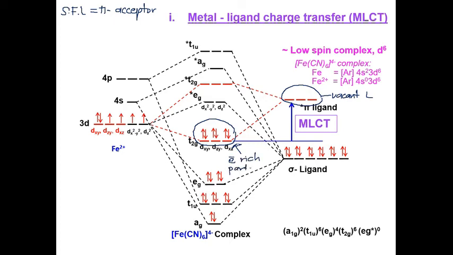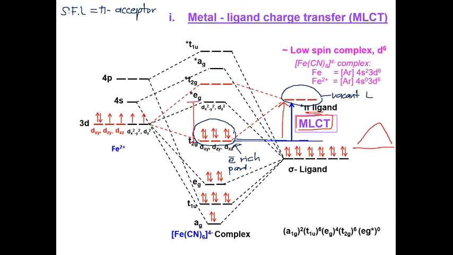The distance between the T2G, sorry, not EG, the T2G, and the pi from the ligands will be the MLCT charge transfer spectra. So this is the spectrum. This value will indicate the spectrum in the UV visible. Remember this one, while the D to D will be here.